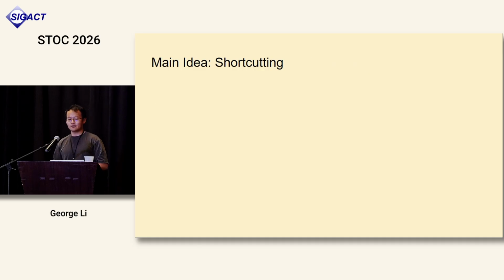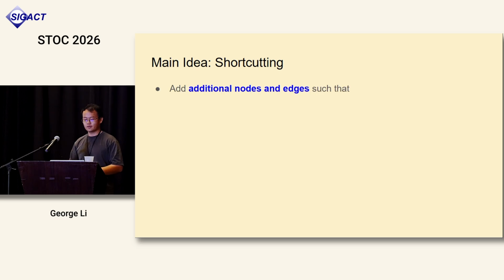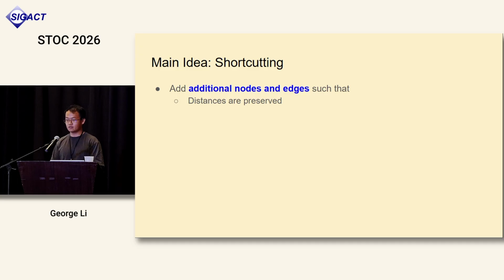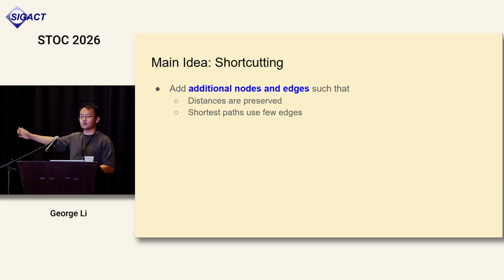The main idea behind this approach is this concept of shortcutting. Shortcutting a graph means that you're adding additional nodes and edges to the graph, where these added nodes and edges don't affect the distances that you're going to compute. But the guarantee is that the shortest paths use fewer edges.